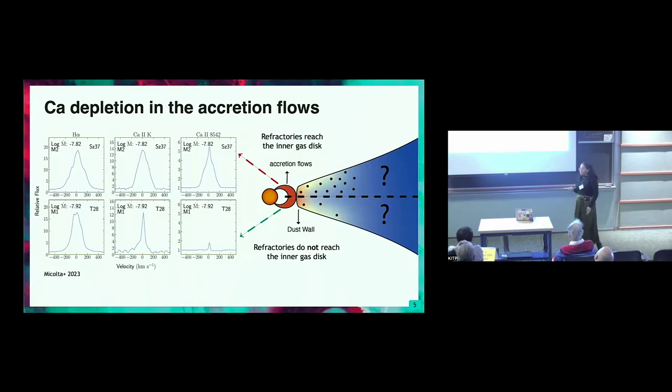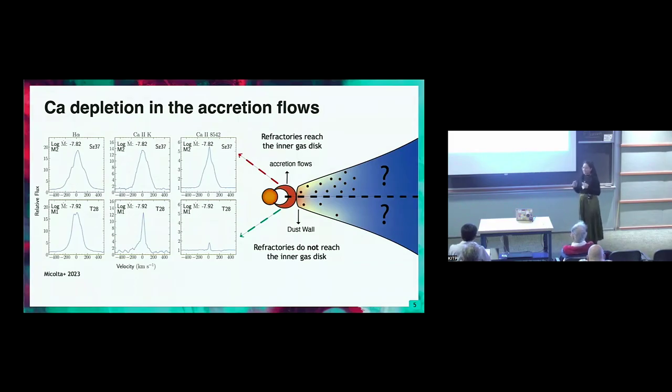We see H alpha, which we know traces the gas, and they have broad, high-velocity winds. Importantly, the fluxes are consistent with each other, so there is the same amount of material falling in. We have the same amount of gas in the accretion flows. But if you look at the calcium line, SC37 shows this strong high-velocity wind behavior, but T28 doesn't.